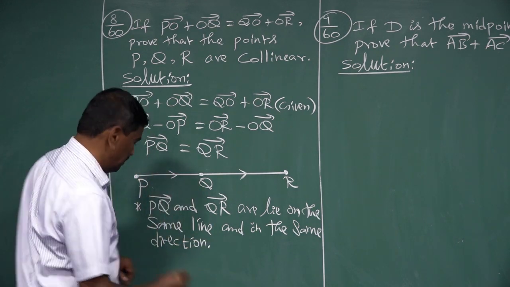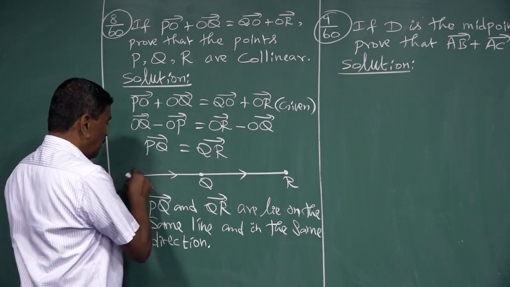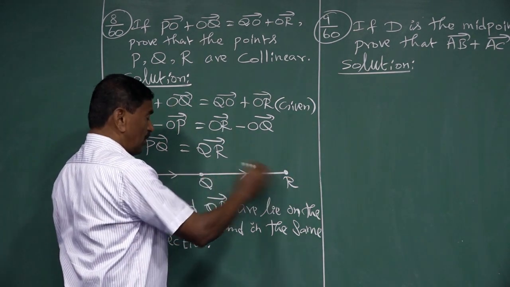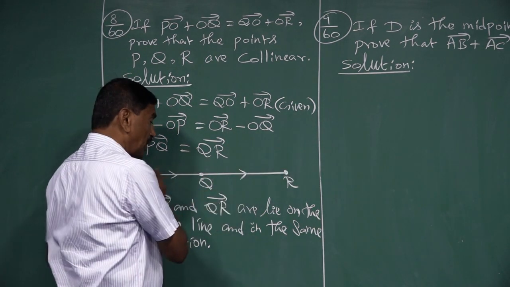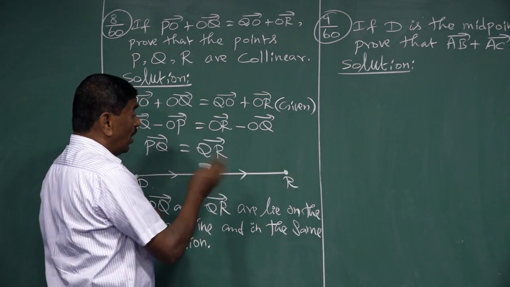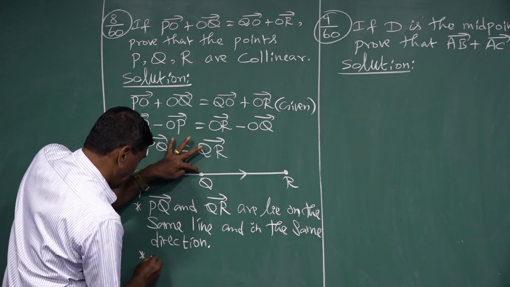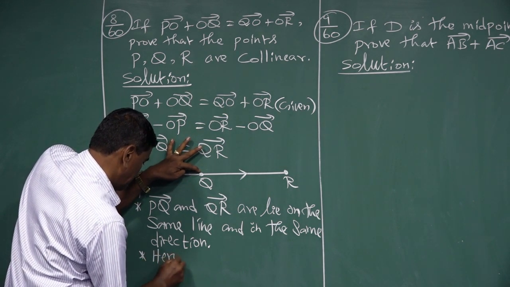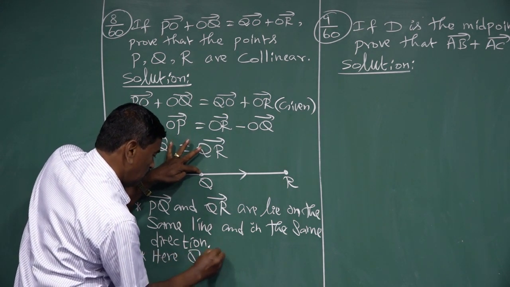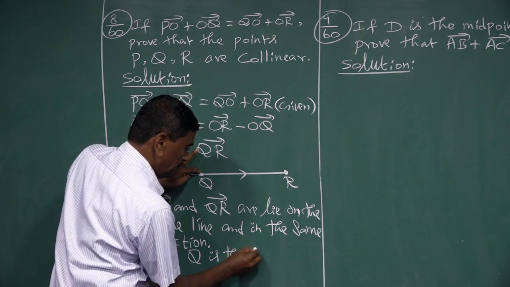Okay, next step. Here PQ vector and the QR vector lie on the same line and in the same direction. Here Q is the common point. That is important. Here Q is the common point.